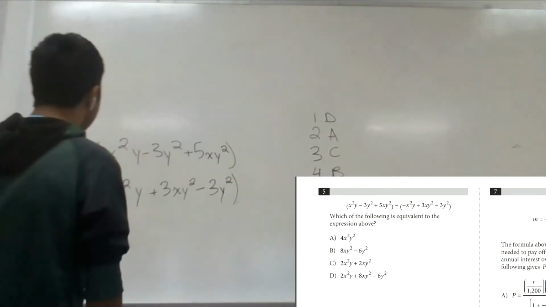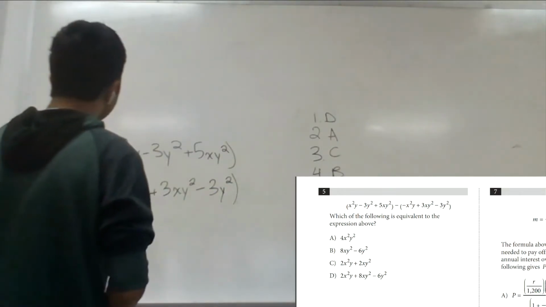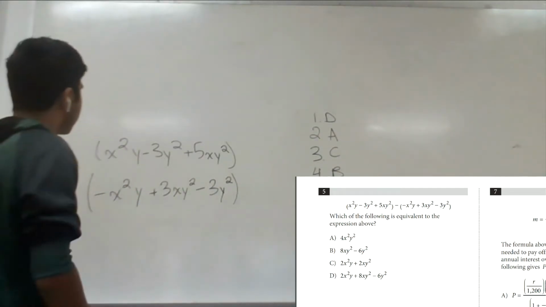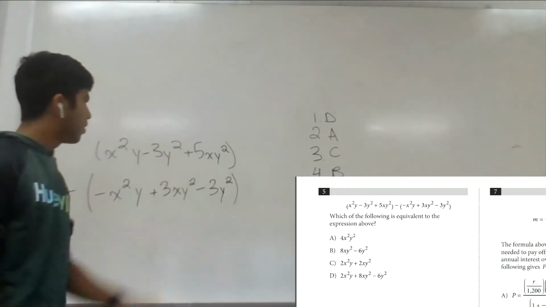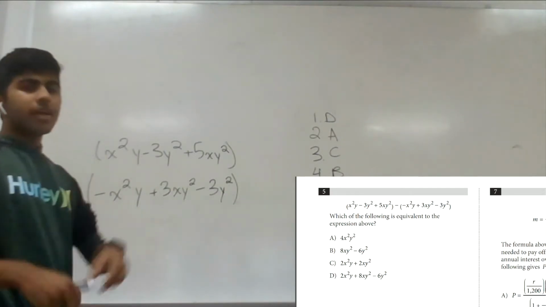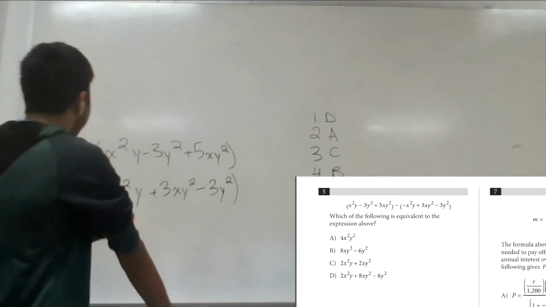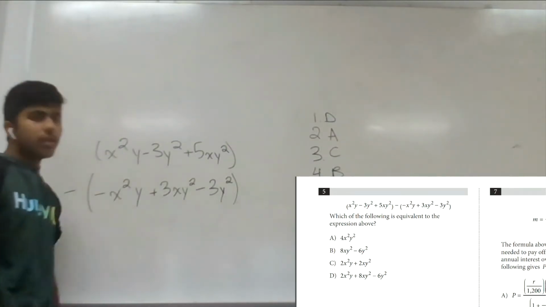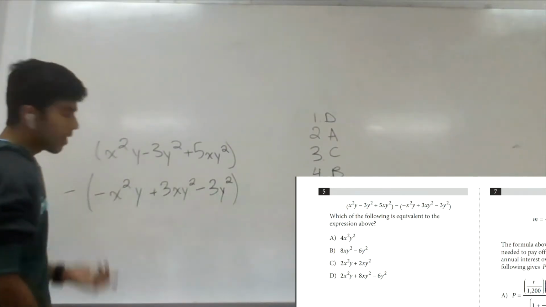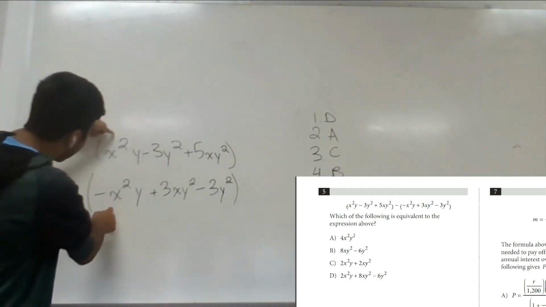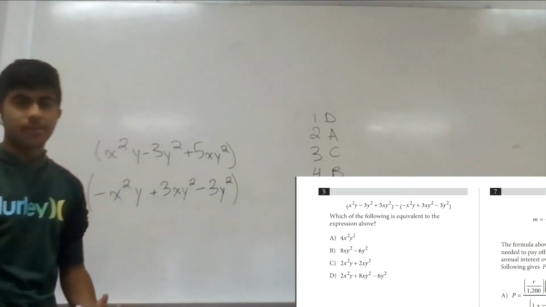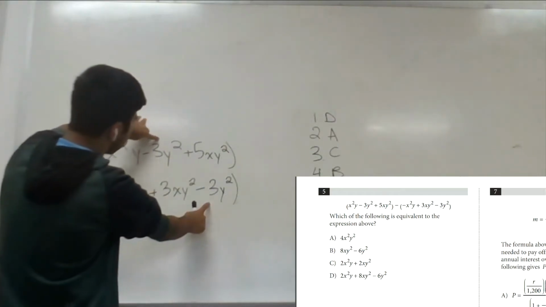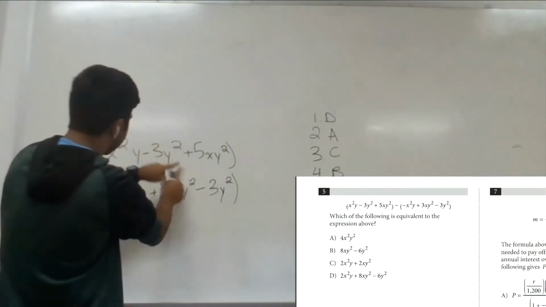Let's do that. One thing I want to notice first of all is that we have three groups of terms. These two are the same group because they're both x squared y with some coefficient, like 1 or negative 1, so we can add or subtract them.